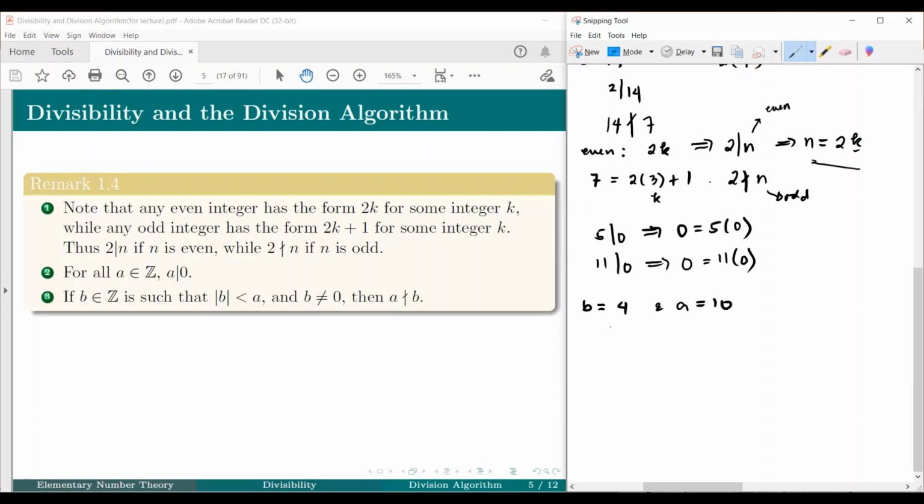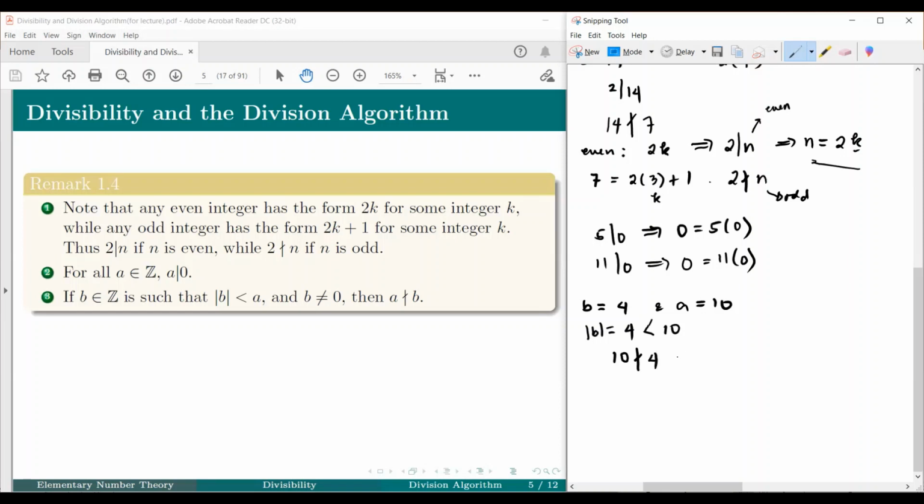The absolute value of b is 4, which is less than a, which is 10. And we know that b is not equal to 0.